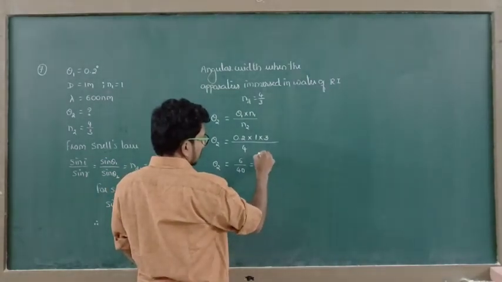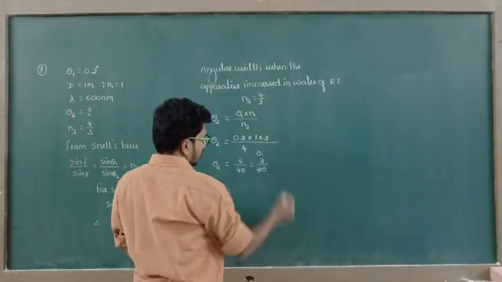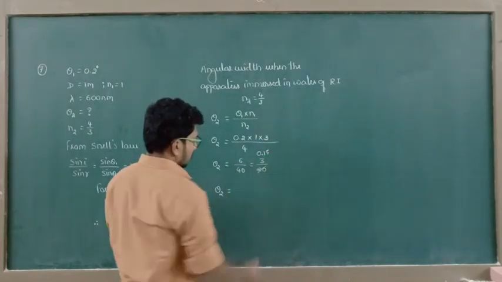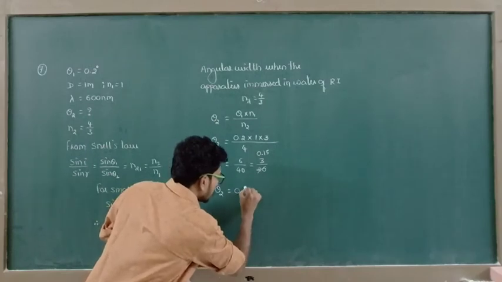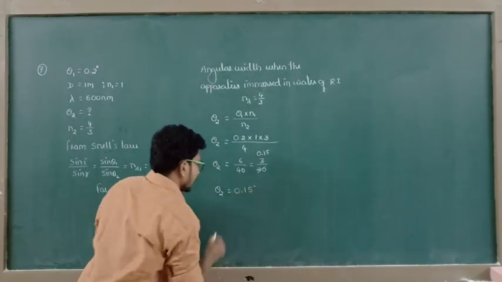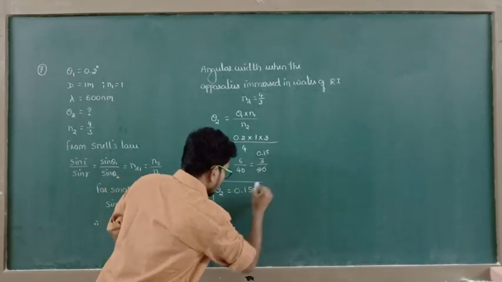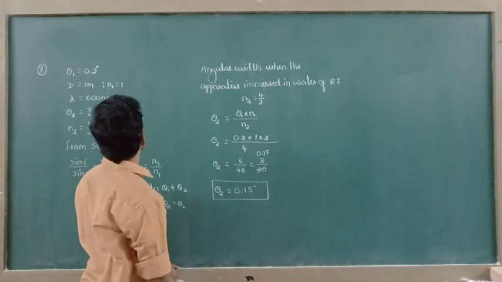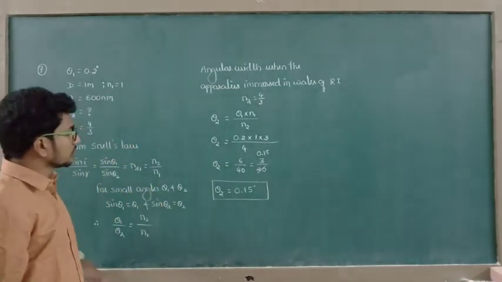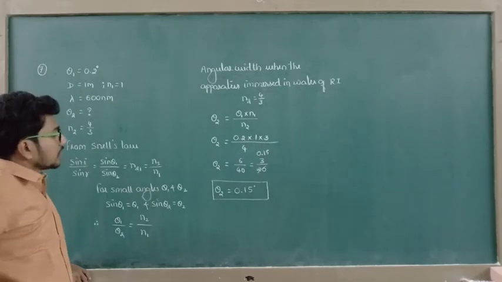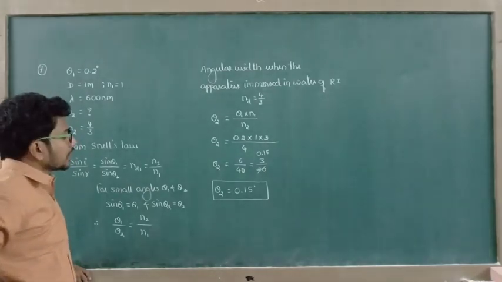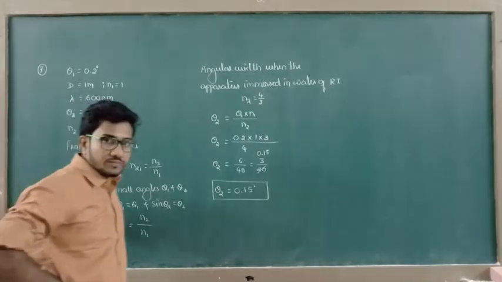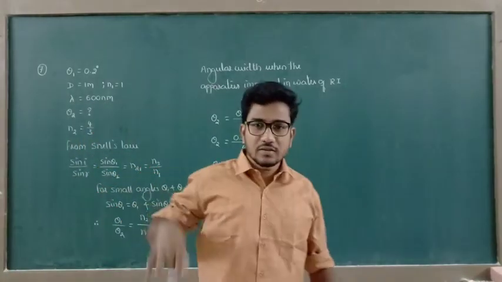Solve this one. So this is equal to 0.15 degree. So this is the angular width. So angular width decreases. So clearly 0.15 is less than 0.2 when that whole apparatus is immersed in water.